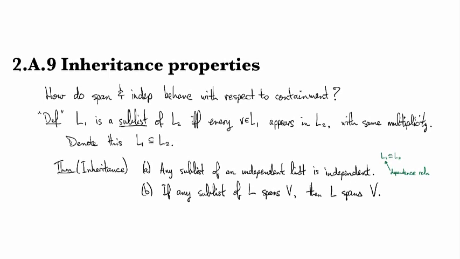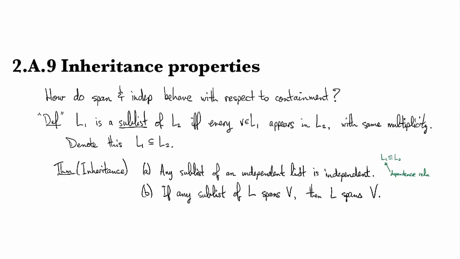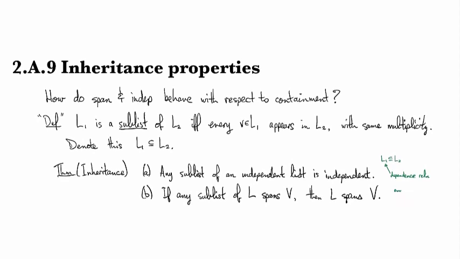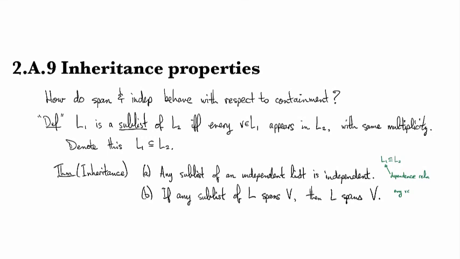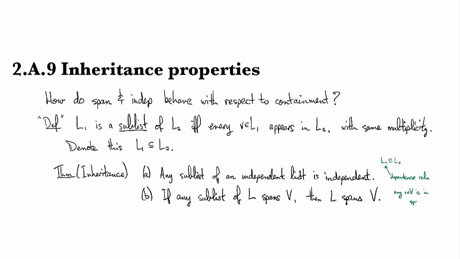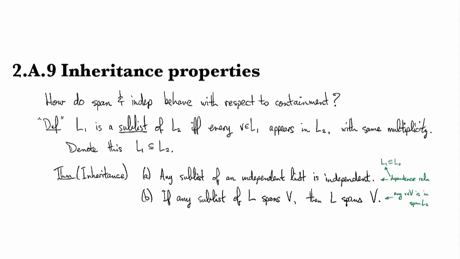And for part B, what are you going to do? Well, you're going to suppose that L1 spans V, and then you have to show that anything in V is in span L2. So I'll let you work through the details. I'm confident you can do it.